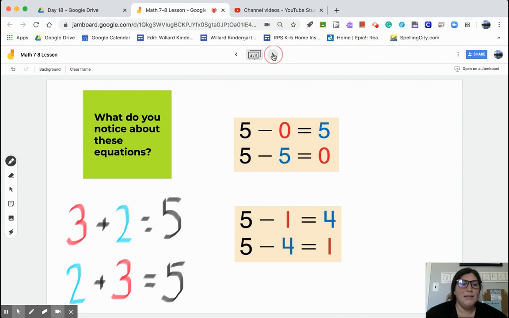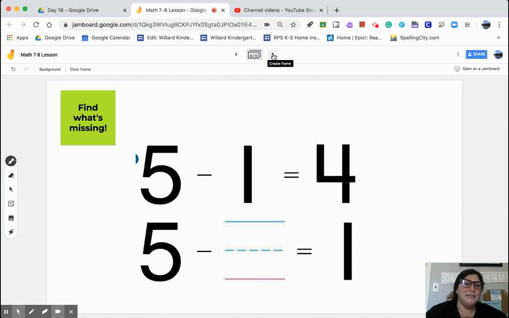Let's look at this one, because this is something that you're going to see on your work today. In this one, we have 5. This is similar to something we just saw. We have 5 take away 1, which is 4. And then we have to find what's missing. So 5 take away how many is 1? There are two ways to do this.